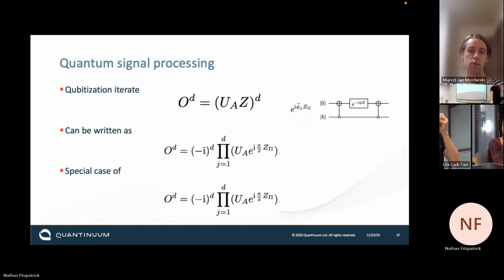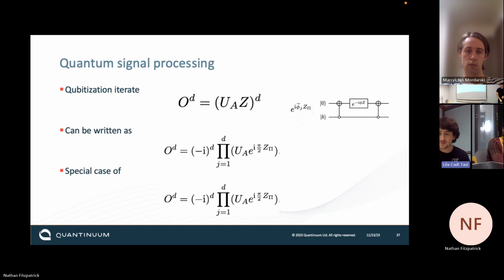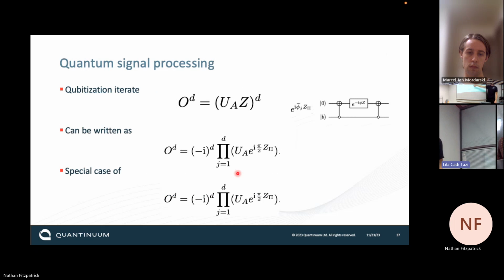All right. So now, going from the same example as before, but rather than the single qubit case, we go back to our multi-qubit quantization picture. It's exactly the same, but rather than doing z being e to the i phi z, here we do e to the i phi z pi, and that's the 0 state.